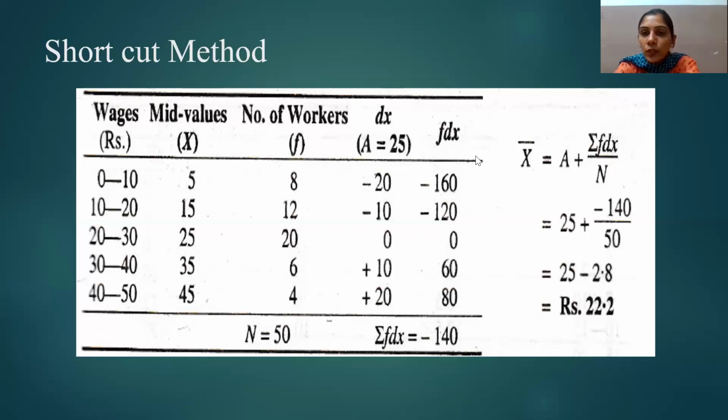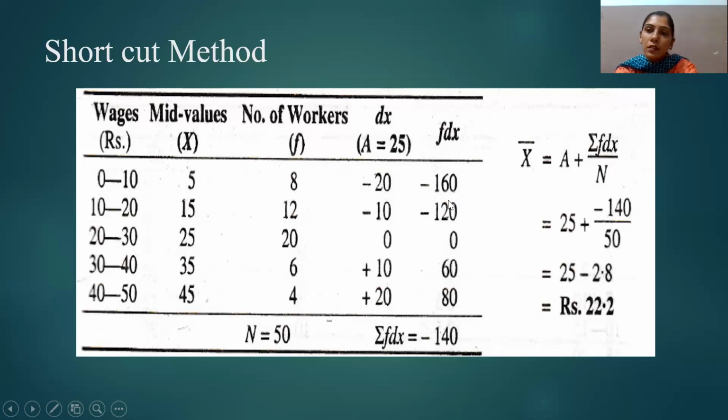We have to add all these values, and the values that have a minus sign, we have to subtract from the positive values. When we did the calculation of sigma f dx, the answer is minus 140.